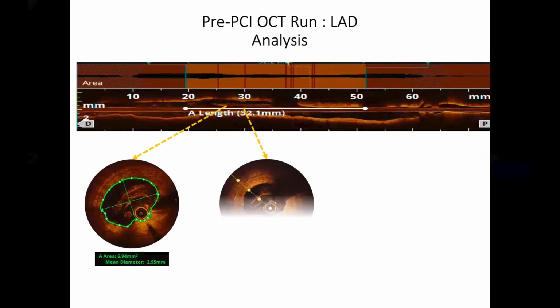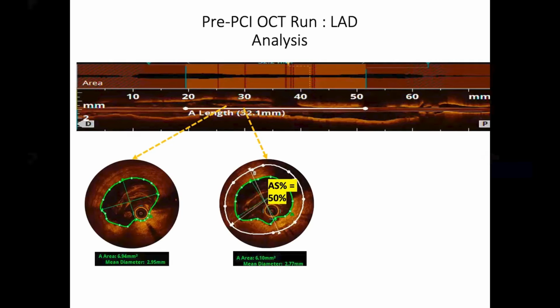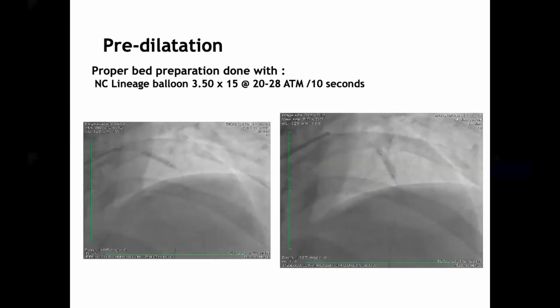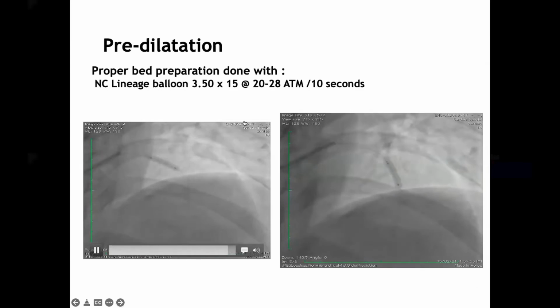Now this is the pre-PCI OCT. It was a borderline lesion with a thrombus. Again, only the NC balloon for the pre-dilatation, a 3.5 millimeter balloon at 26 to 28 atmospheres.